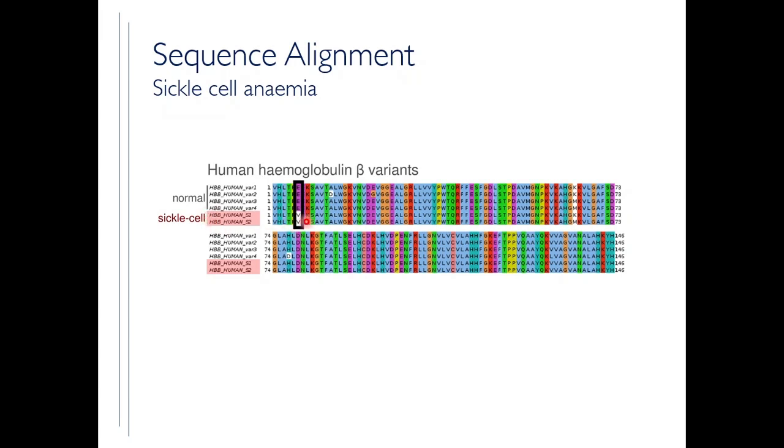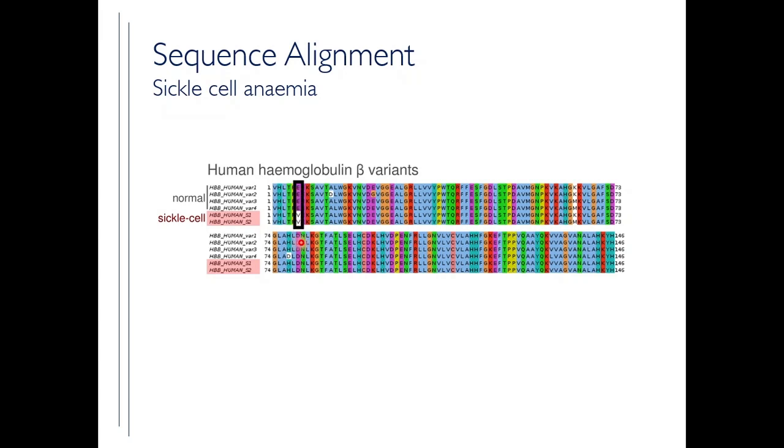You can see this stark difference here, where there's an E, which is glutamic acid, at position 6 in the beta globin chain for the normal or wild type variants. But the disease alleles give rise to a valine at position 6 in sickle cell, and that is indeed the mutation that occurs.